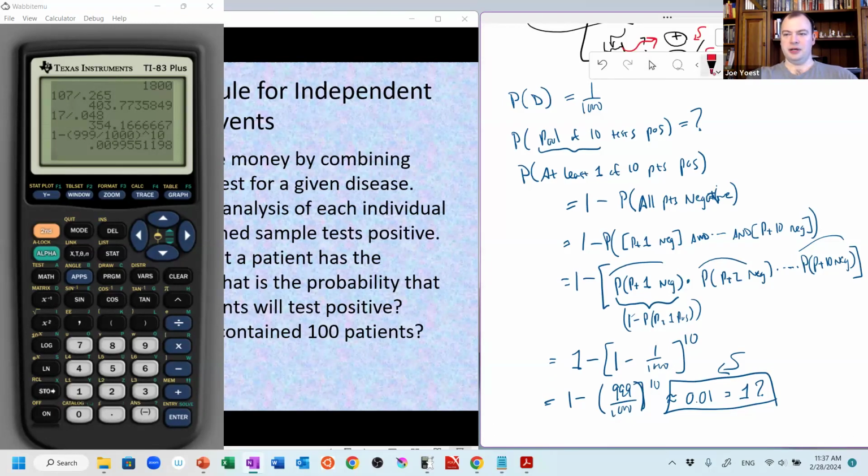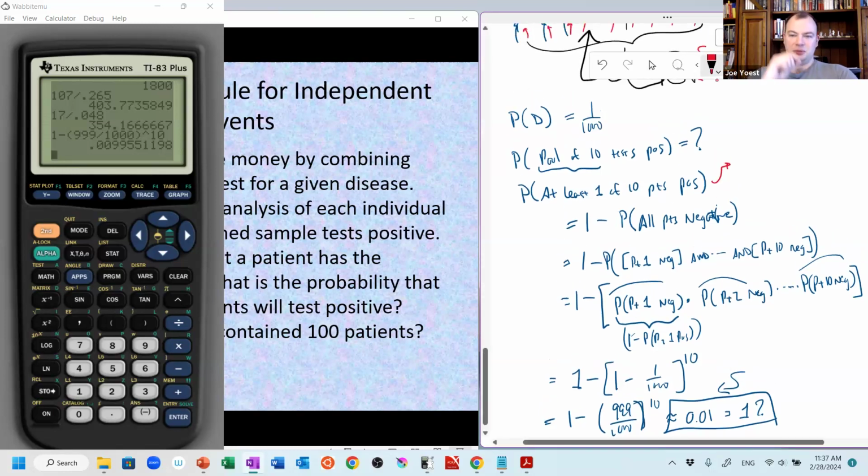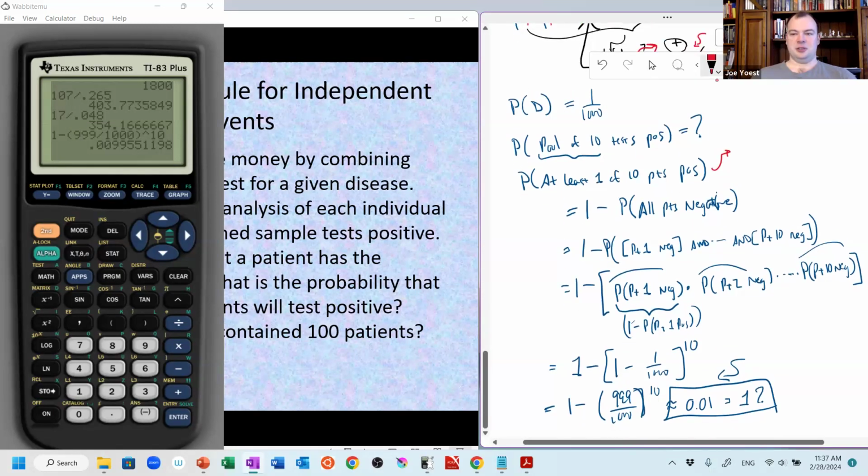Now, what might we do here if we approach this problem naively? If I said, what's the probability that at least 1 of 10 patients test positive? I might look at this and say, well, I have 10 chances to test positive. Each one is a 1 in 1,000 chance of testing positive.